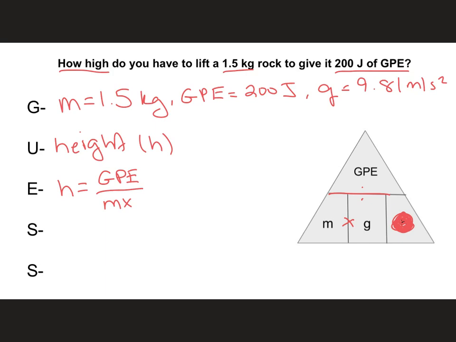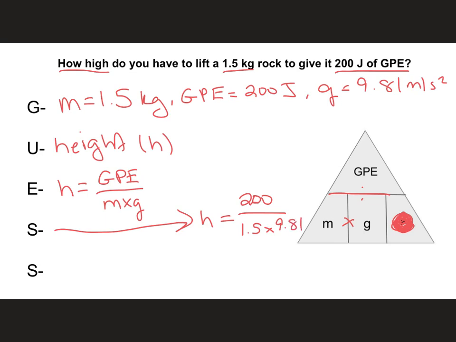Now we just have to substitute. h equals, let's see, our GPE was 200, and then our m is 1.5, and our g is 9.81.